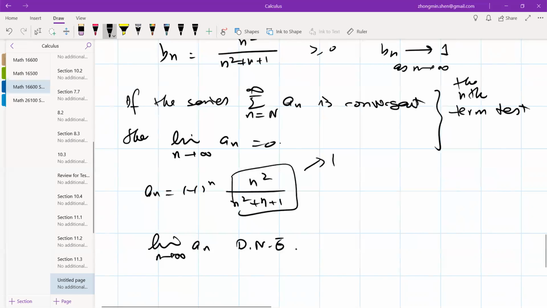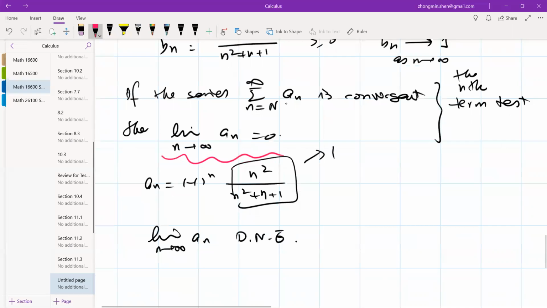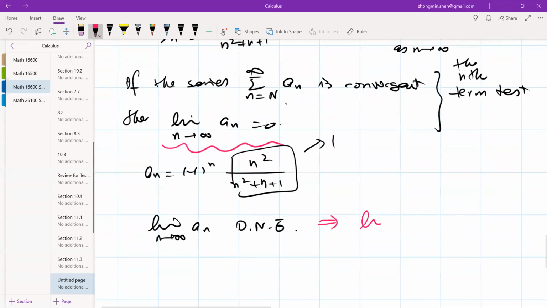If it does not exist, of course it's not going to be 0. This statement says that the limit exists and equals 0. Now it does not exist, so that implication does not hold. Therefore, you can say that the series is divergent.